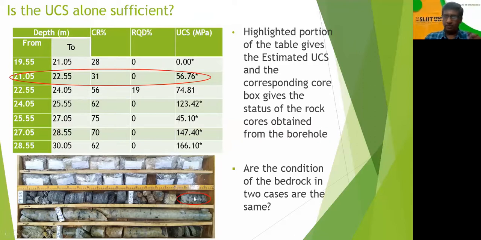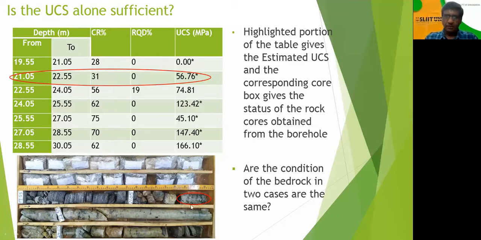When you do the uniaxial compressive strength test, what you do is you get a rock core which is actually left behind by the circulation of the fluid during the coring for the piles. So this is actually not for the pile coring, this is for the investigation.